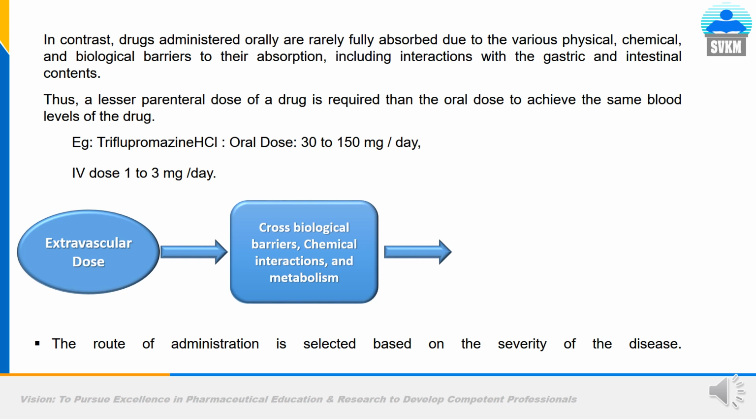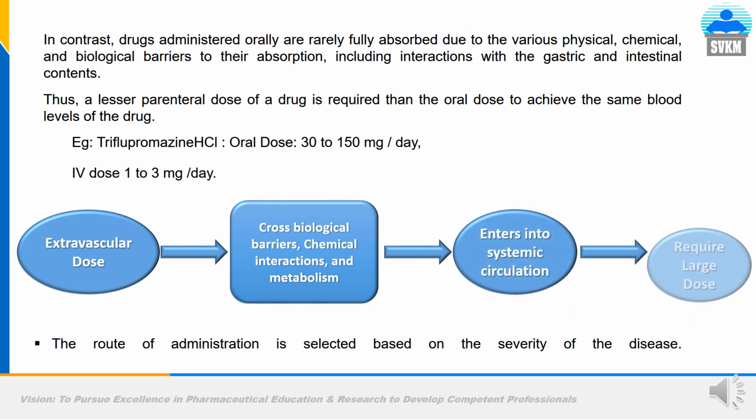It means that if you want to achieve the same blood level of drug, the oral dose required is higher than the IV route. Why does it happen? Because in the oral dose almost 50% of the drug is metabolized before it enters into the systemic circulation, and that's why it requires a higher dose than the IV route.